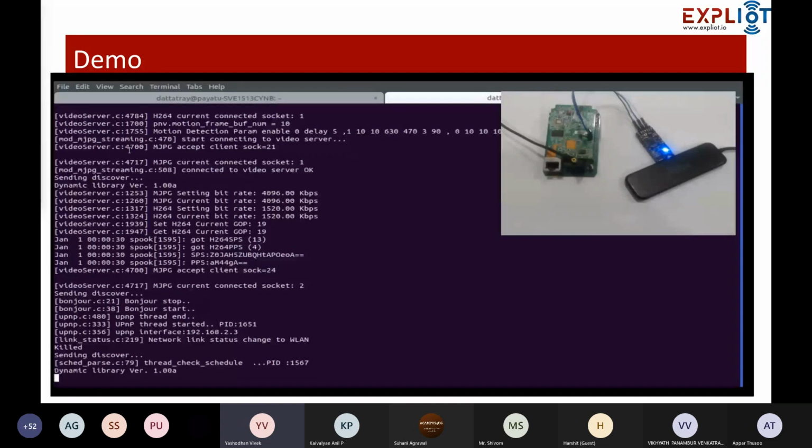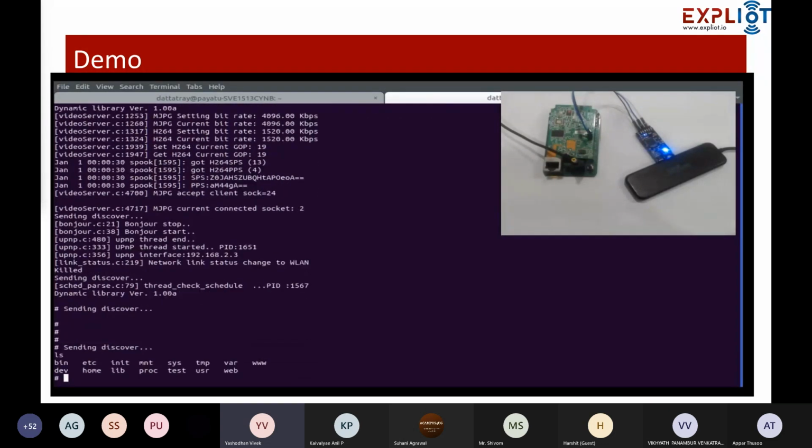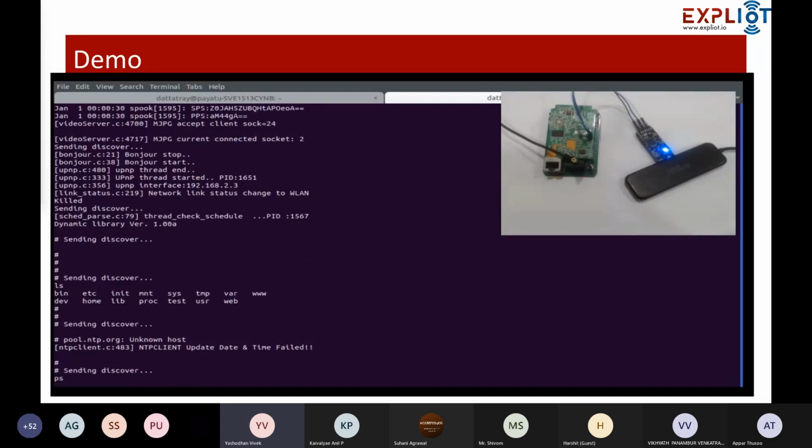So some discovery command it is sending, and as output, you can see when you do ls on this, it has a Linux file system. So we have access to the Linux file system.